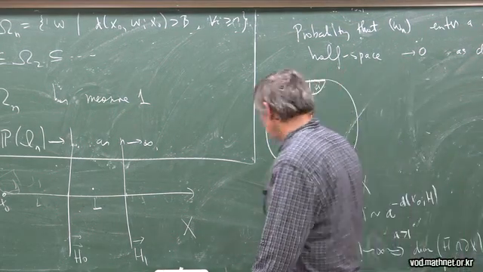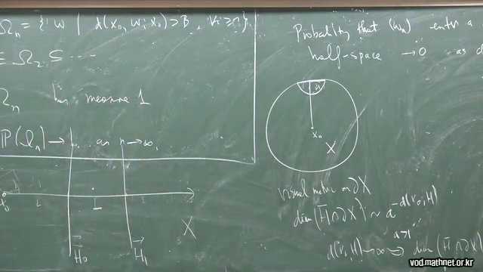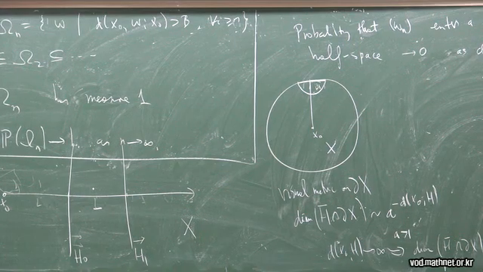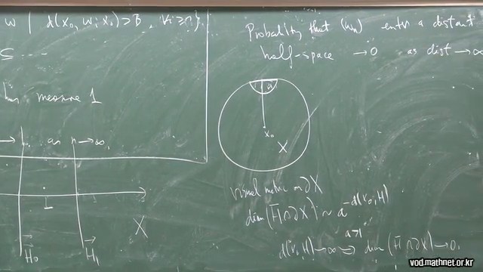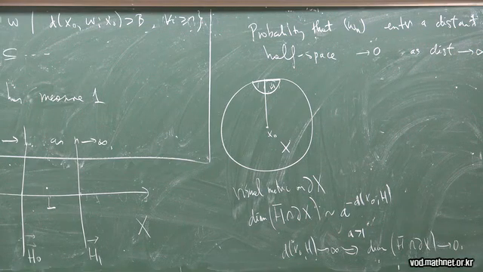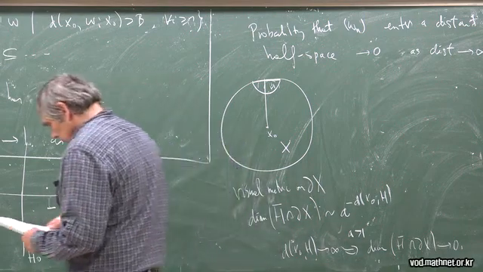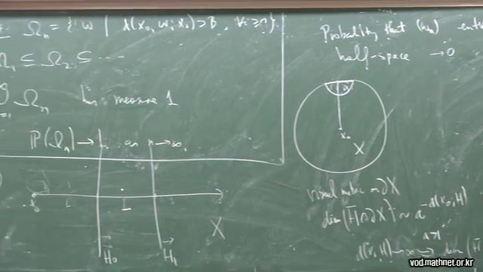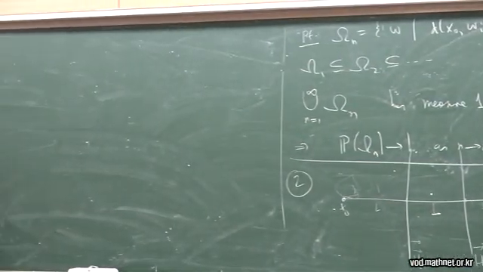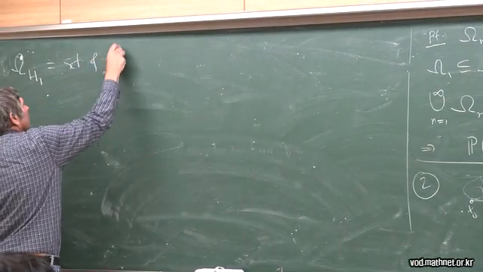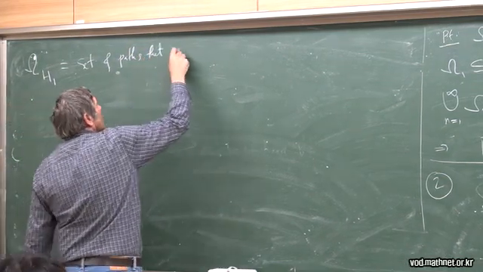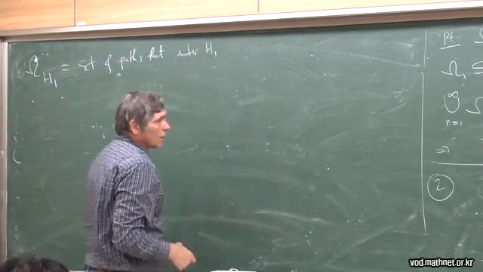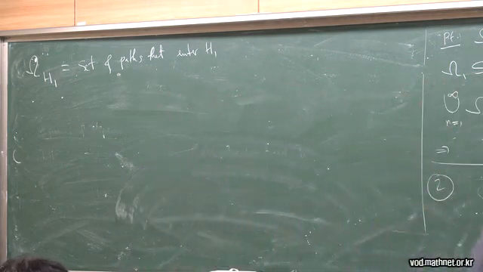Okay, so now I want to look at omega H1. This is going to be the set of paths that enter H1, which is my second half space here.